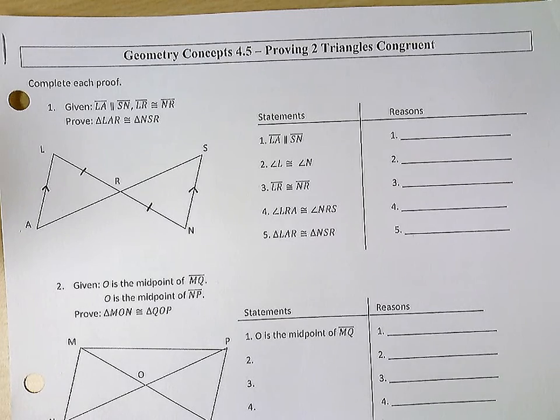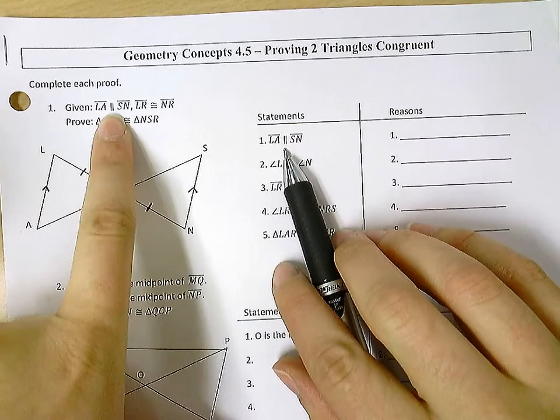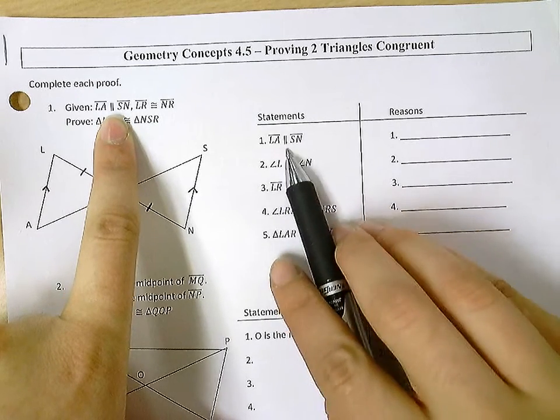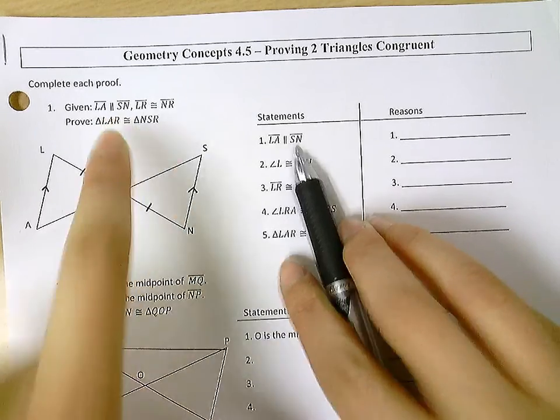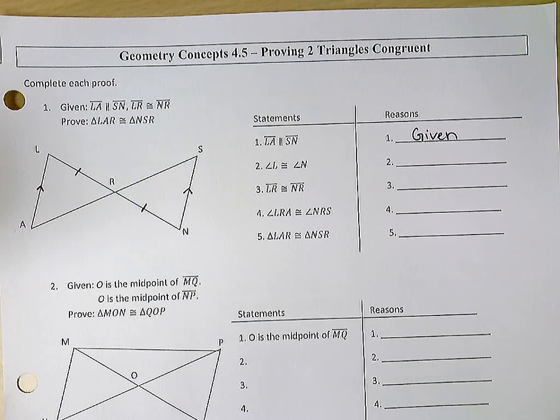So looking over at our proof here, we always start with our given information. Okay, so we have segment LA parallel to segment SN. Okay, the reason behind writing that is because it was given to us. That's our given information. Now I want to use that given information to find congruent angles.